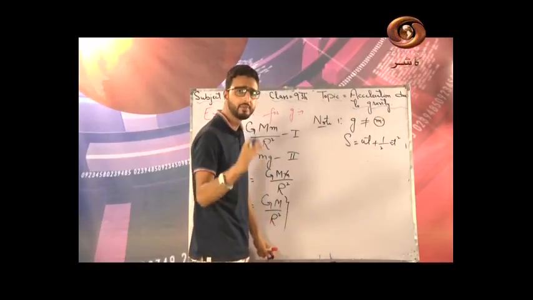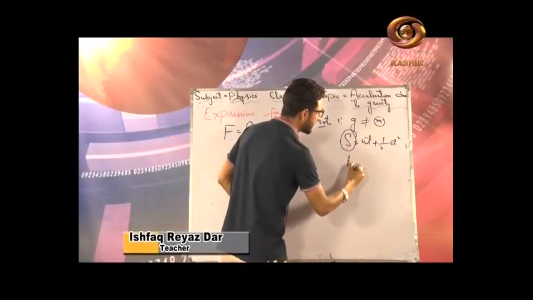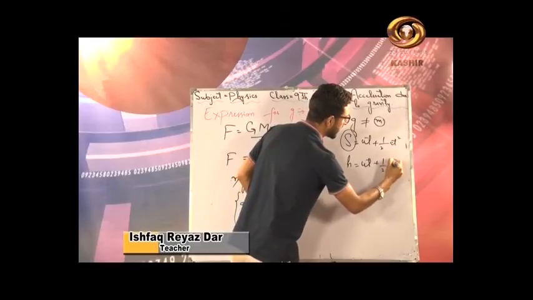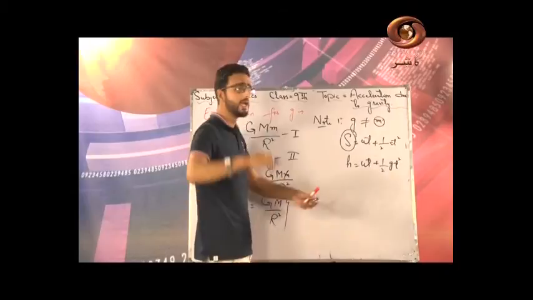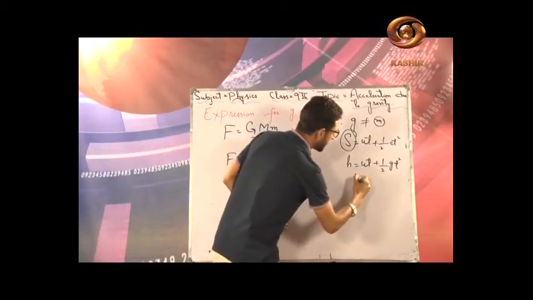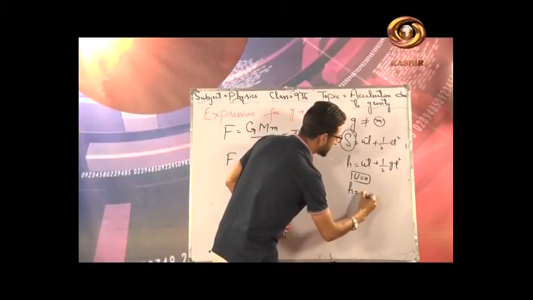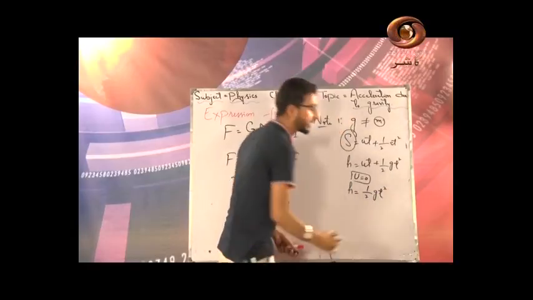For freely falling bodies, I will replace S by h, the vertical height, so h is equal to ut plus 1 by 2 gt square. Now if a body is simply dropped from rest, that is, if the initial velocity is 0, you can simply see h is equal to 1 by 2 gt square, right?